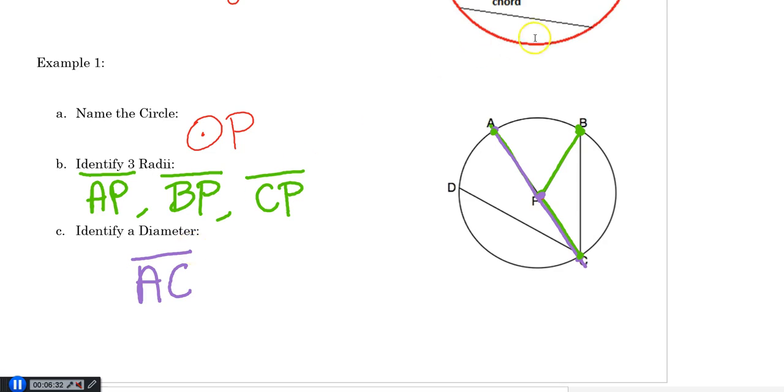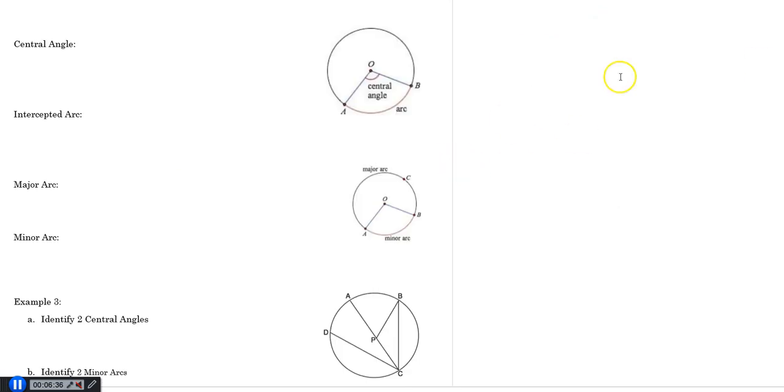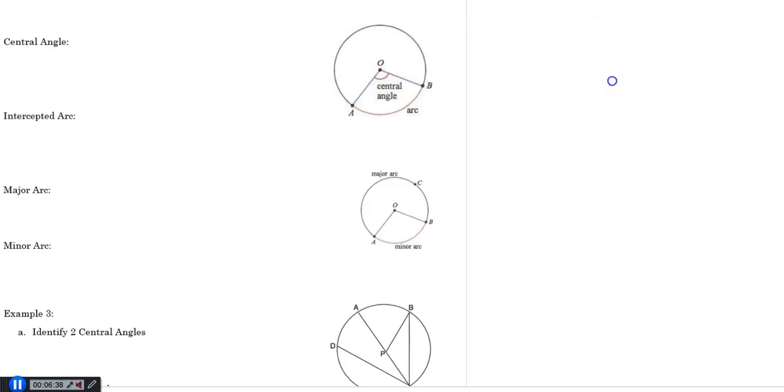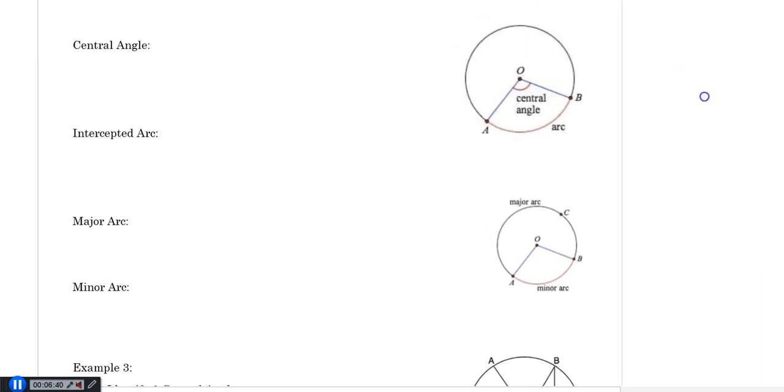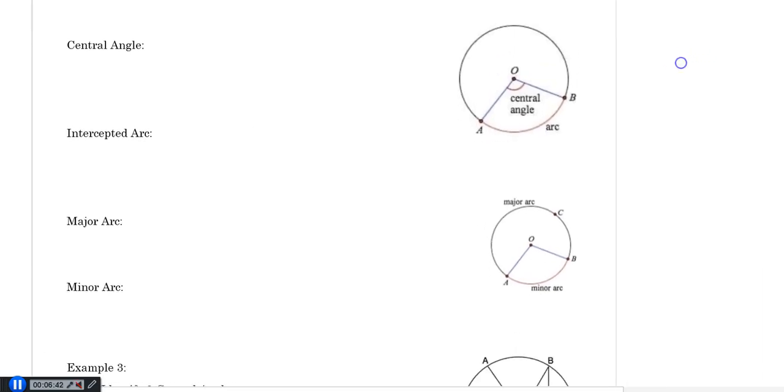All right. Next couple of examples are dealing with central angles and intercepted arcs. So first vocab word here is a central angle. Central angle is an angle with endpoints on the circle.